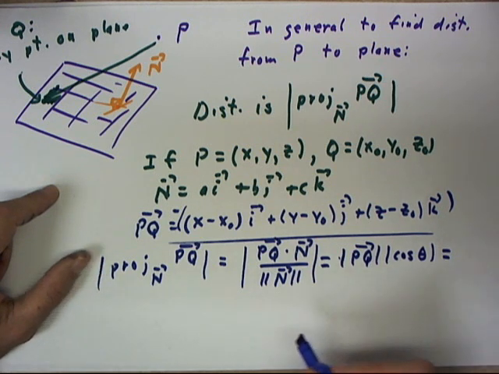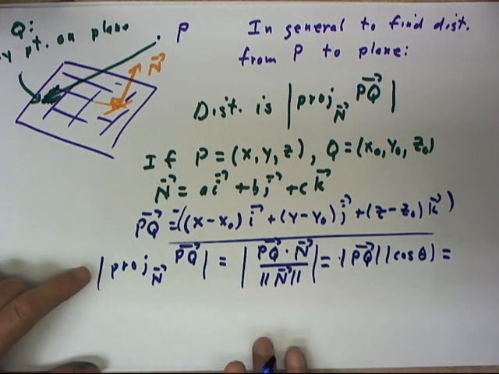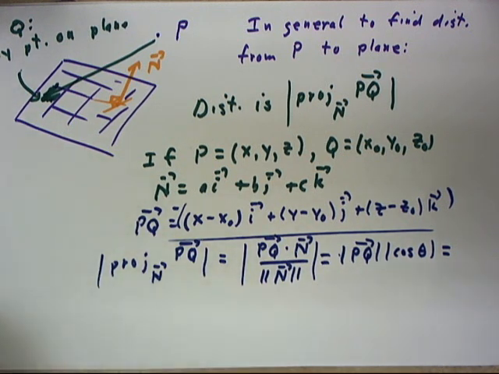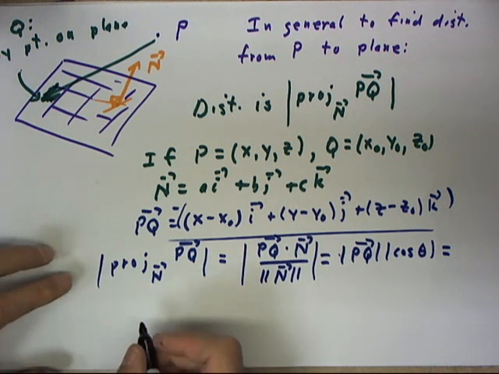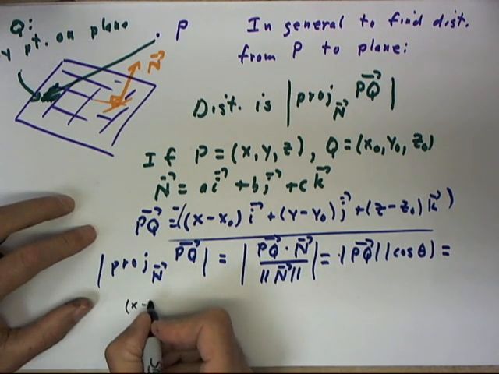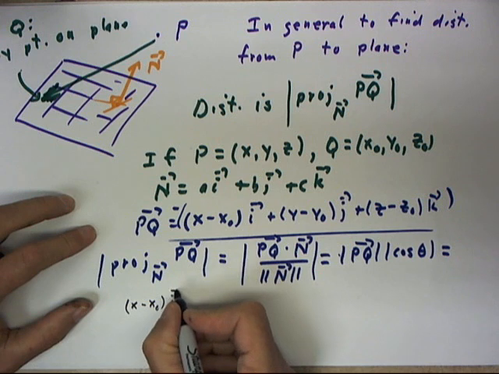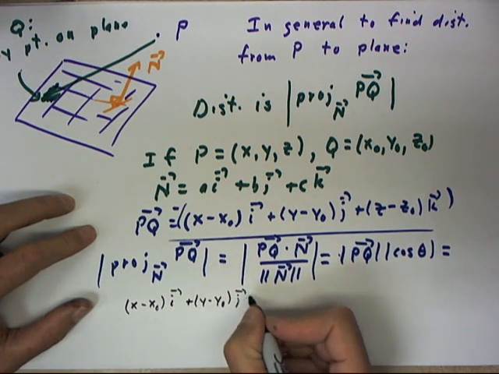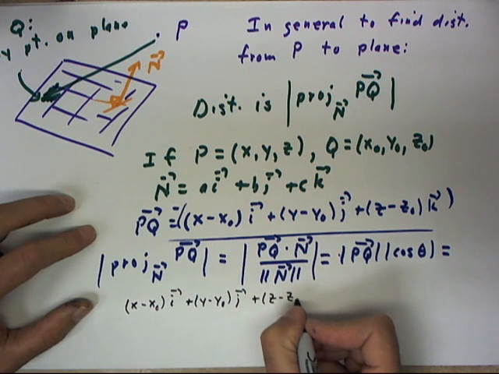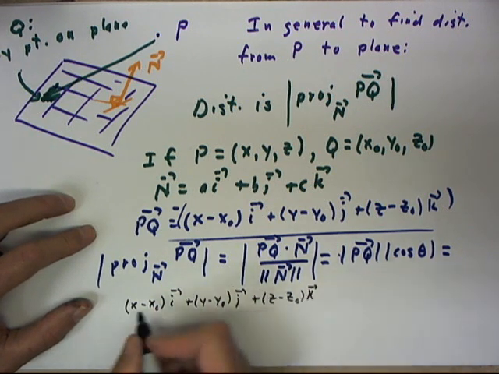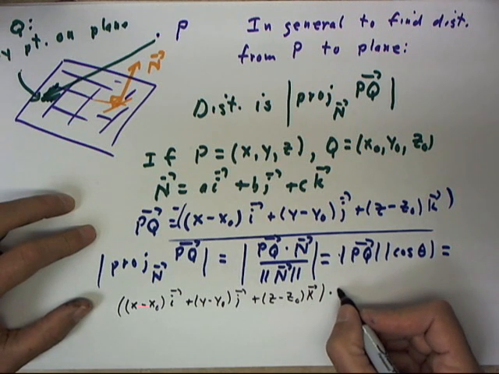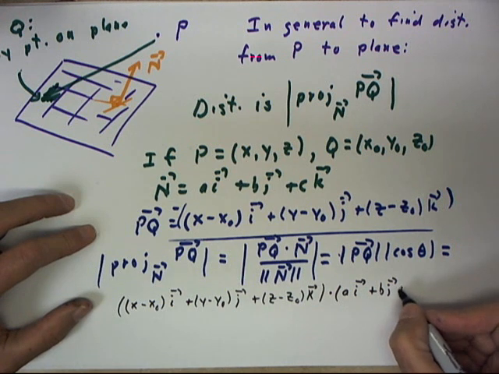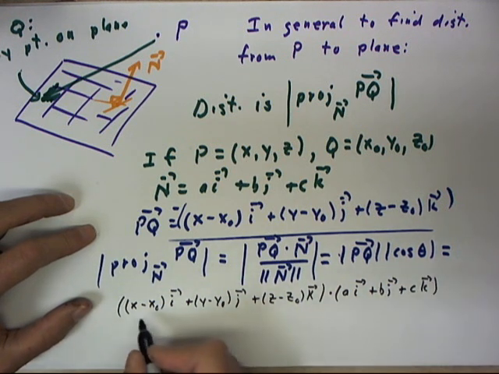Equals, going to switch to a Sharpie here. x minus x naught i plus y minus y naught j plus z minus z naught k, and I'm sure you know where this is heading. It's really sort of unnecessary to write this out, but there's a point that I want to make about formulas versus pictures.